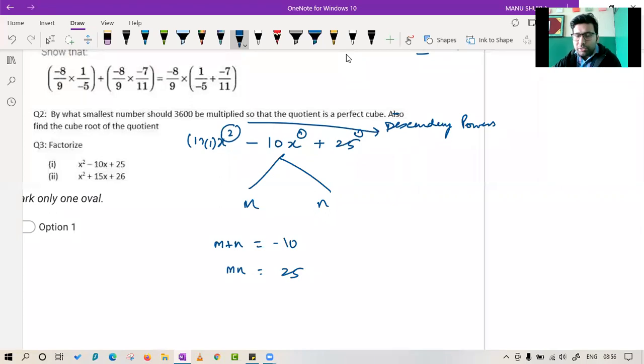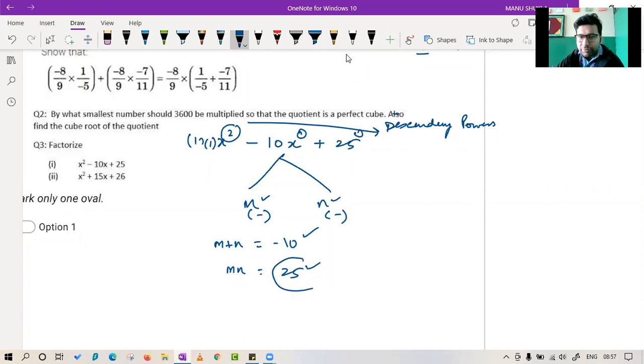Now tell me, what should be the sign of both the numbers? Are they both positive, both negative, or one positive, one negative? Harshul, very good. Because the sum is negative and the product is positive, they need to be both negative numbers. So we got the nature of the numbers. Now we have to just find the numbers.